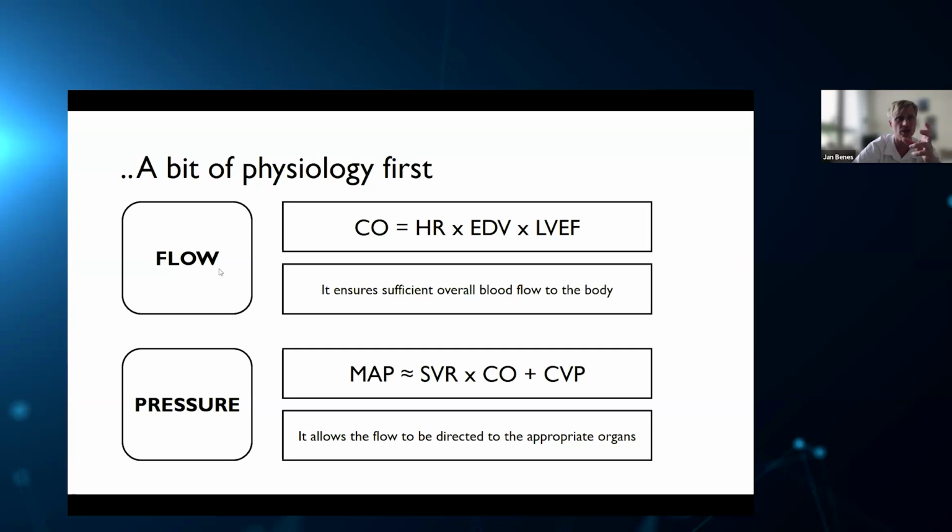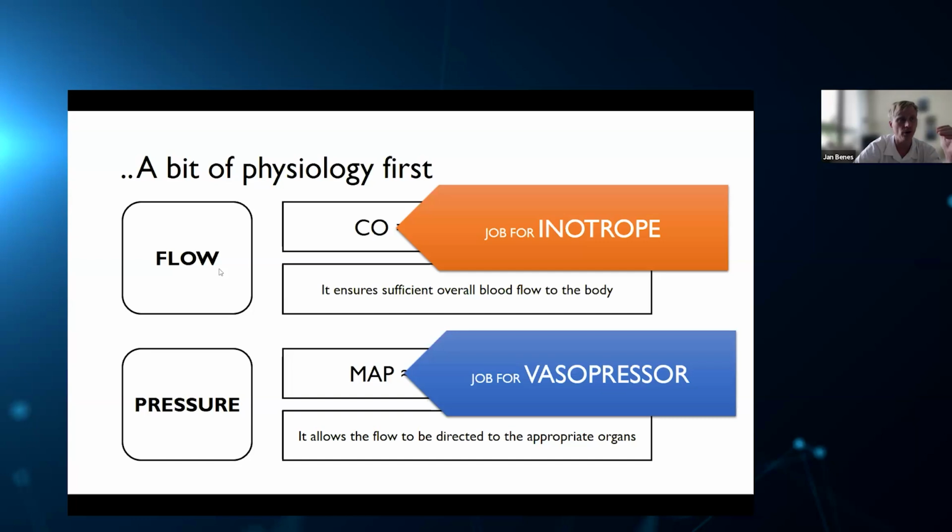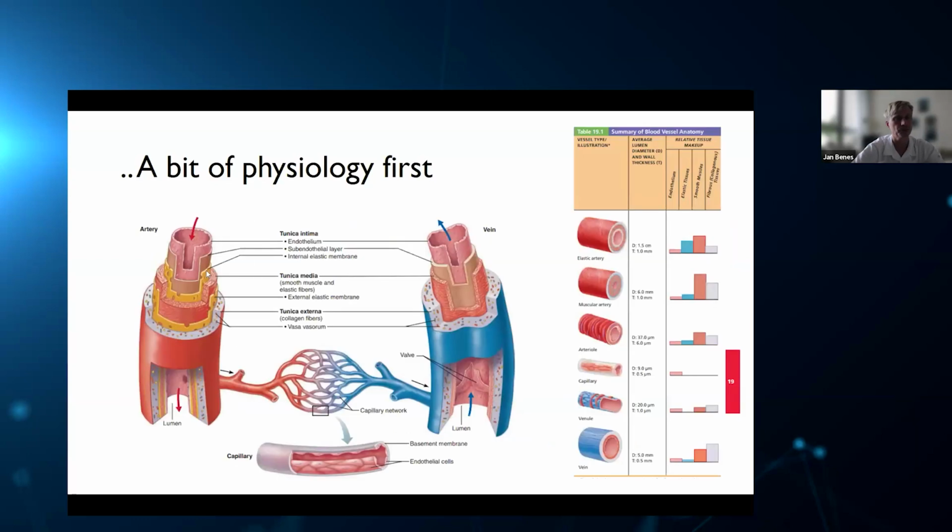So these are the two sides. And we know that for the flow, we have the job for fluids and inotropes. For the pressure, we have the job for vasopressors. So that's the first delineation we will work with.